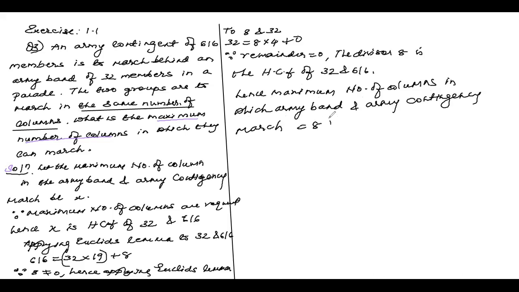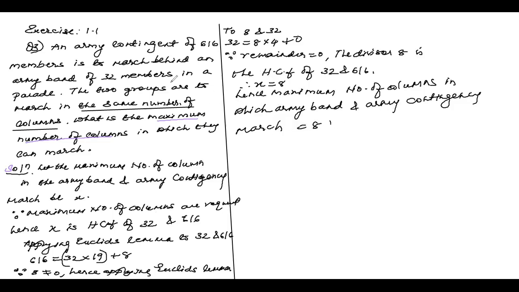Got it, children? So there was nothing. I should not have taken it as X, but purposely to help you understand. Okay, X is HCF. So therefore, X is equal to 8. Hence maximum number of columns in which army band and army contingency march is equal to 8.